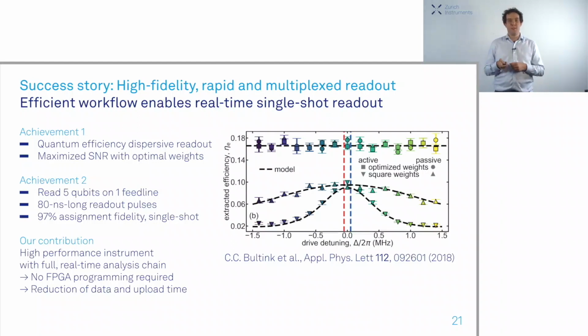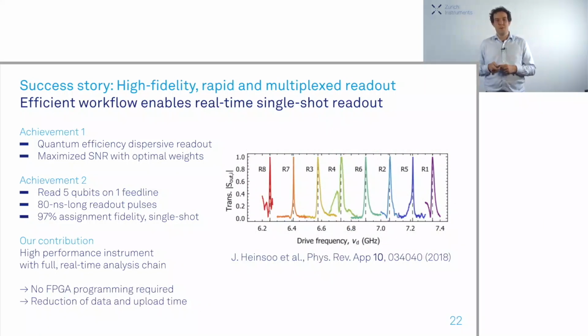On the other hand, there's Andreas Wallraff, who took this signal-to-noise maximization to a maximum and read out 5 qubits in parallel, with very short readout pulses on the order of 18 nanoseconds. He could still reach an assignment fidelity of the different qubit states of this multiplexed readout on the order of 97%.